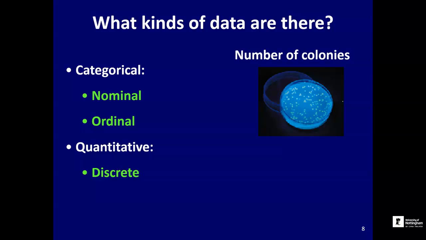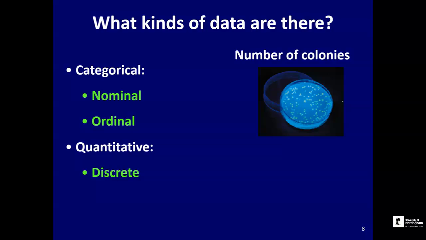And quantitative data come in 2 main forms, where the data are arranged in discrete bins or where they are truly continuous. So if I, for example, count the number of bacterial colonies on a Petri dish, that count is quantitative. I'm counting how many there are there. It's numerical.